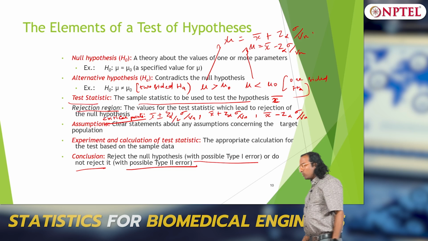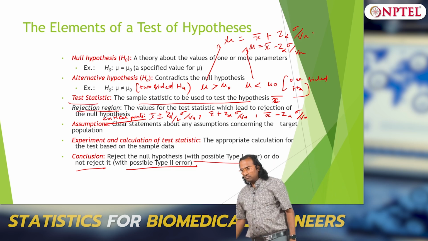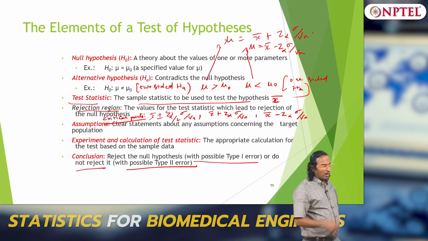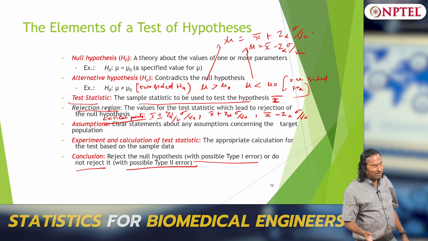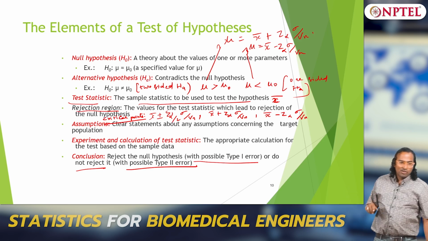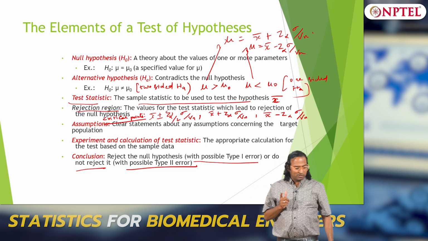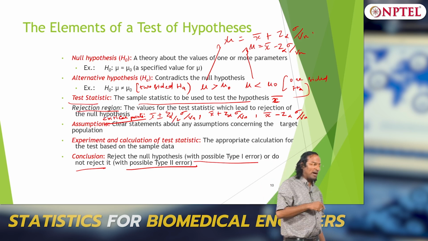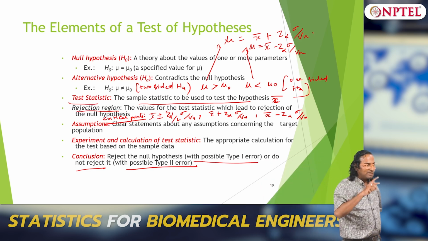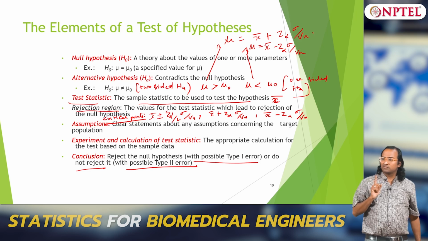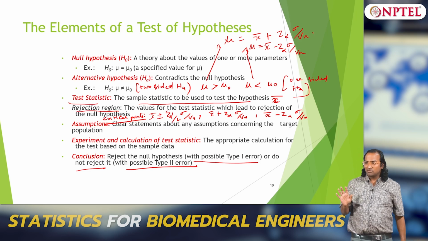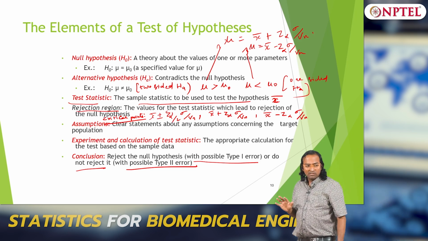Remember, whatever conclusion you make, you will make with error, okay. If you reject the null it is type 1, if you accept the null you have a type 2 error. Make sense everyone? So far so good? Okay.